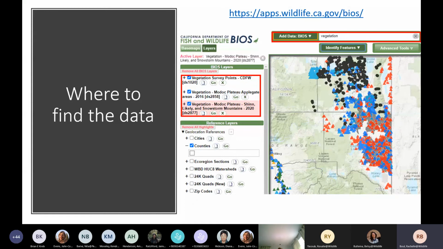And then the associations, it's a goal to rank them all, but as of right now, most of them are not given official G and S ranks, but more of a generalized yes, no for rarity. But those all have a yes or no listed, and some of them are ranked. So hopefully Diana can talk a little bit more about that, and that'll clarify a little later or next.